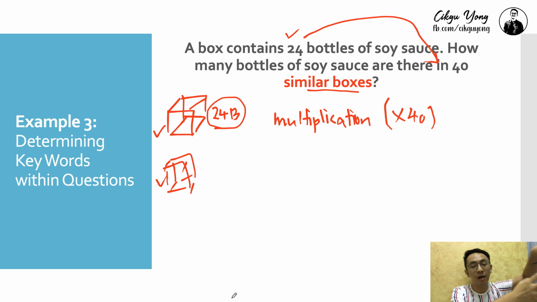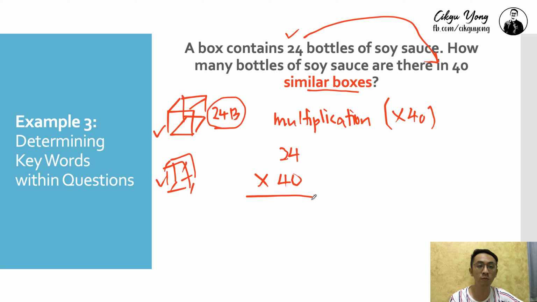And in front of me, I have 40 boxes more. It doesn't really make any sense if I have thousands or millions of boxes. You have to add one by one. So what you can do is just perform multiplication to get the question solved. So in this particular question, you can use 24 times by 40 and perform your multiplication accordingly.